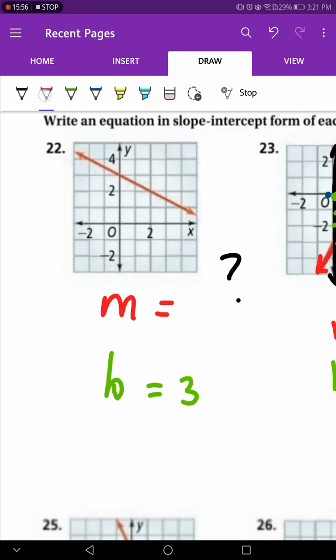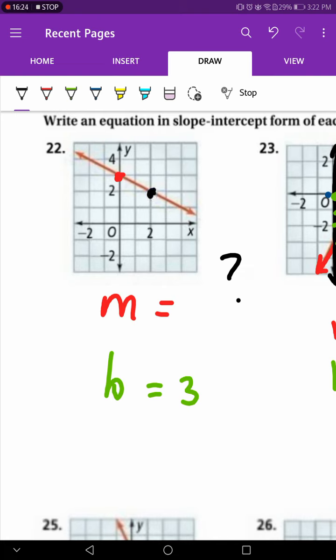The first point, all the time I select it, is the y-intercept, which is b equal 3. Okay, don't mention anything else. Just select the y-intercept as the first point, and the second point must be a nice point. So I will select this one. Let me change the color. So here is the second point.